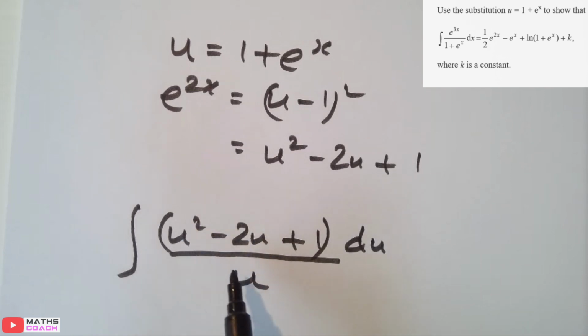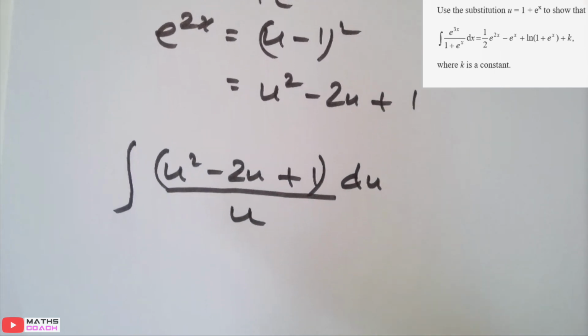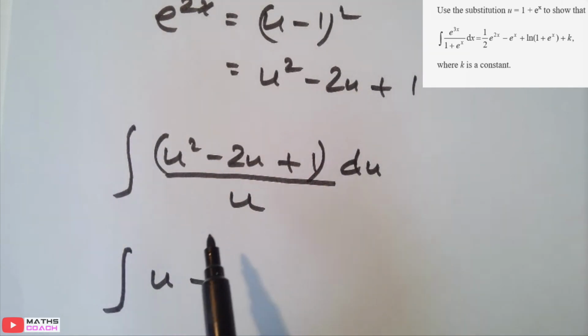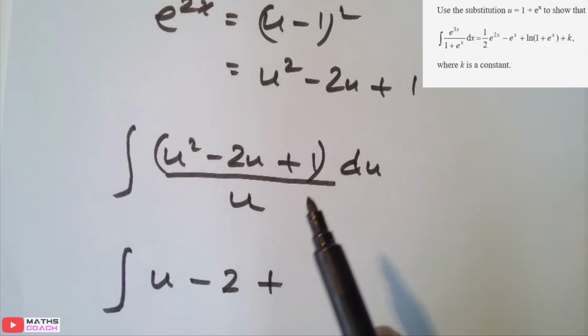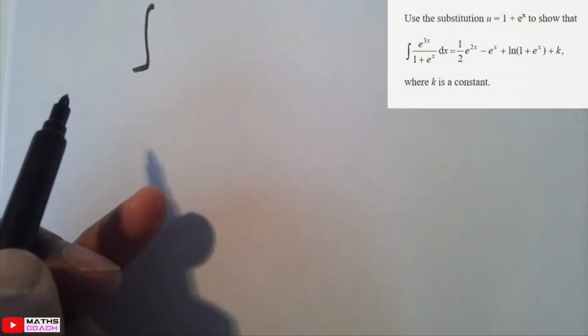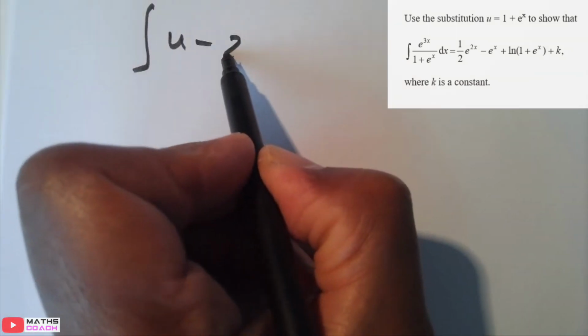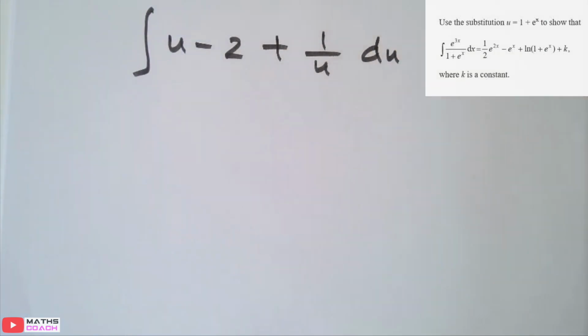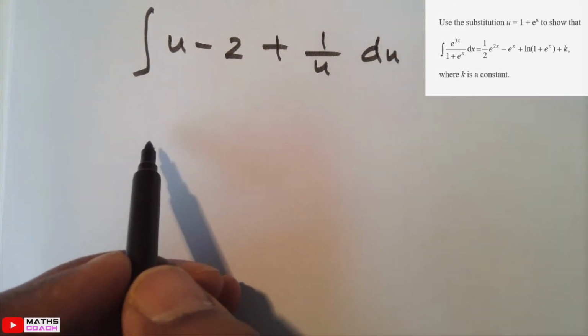We're going to split these up by dividing every element by u. u squared over u is simply u, 2u over u is 2, and 1 over u we can leave as 1 over u, du. So from our last line we have the integral of u minus 2 plus 1 over u du. So let's integrate.